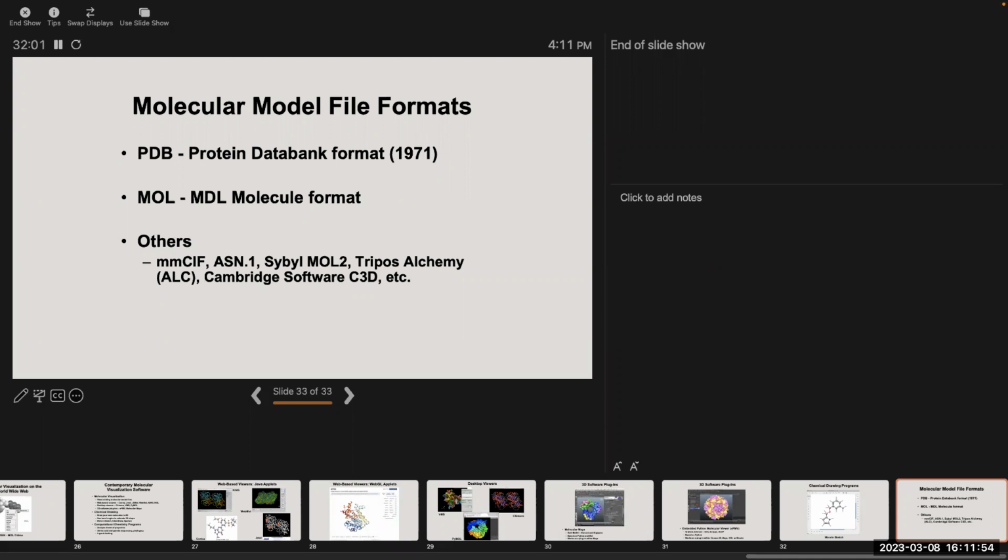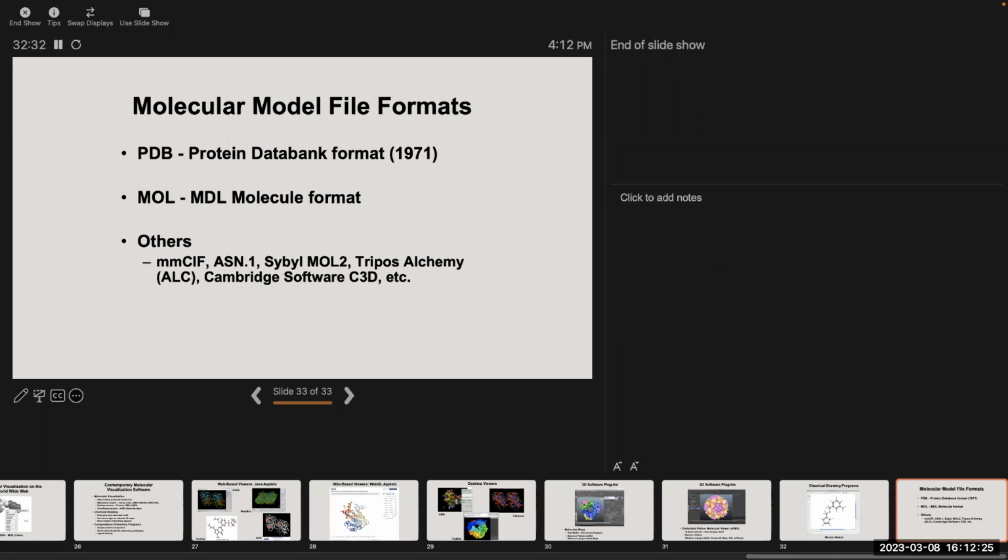But there's a whole bunch of them. Like, every piece of molecular visualization software seems to have its own proprietary molecular model format. mmCIF is one you sometimes see. That's short for macromolecular crystallographic information file. And I forget what some of the others are short for. But as I say, a lot of these are proprietary formats from other molecular visualization programs.